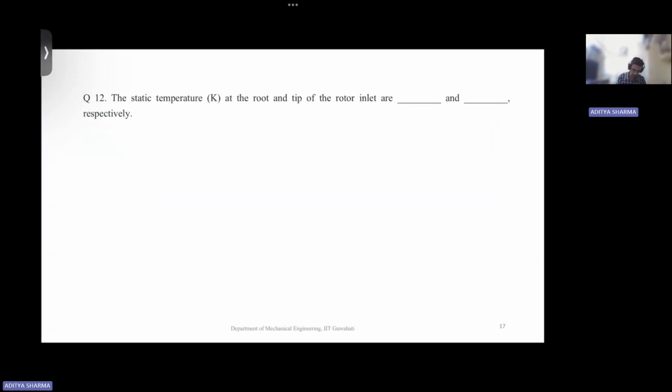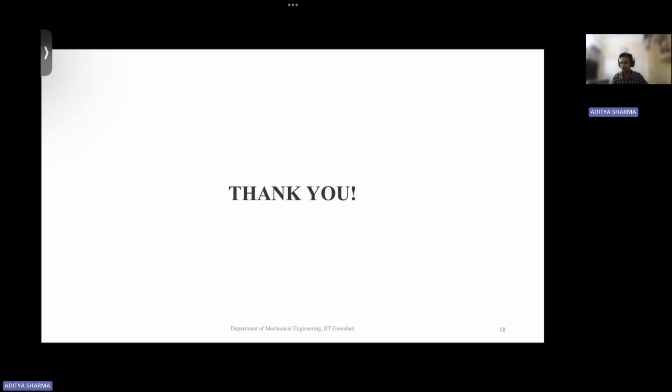So this is it about today's session. We have come to the end of this session and I'll just conclude. This session was on turbines used in jet engines, gas turbine engines or aircraft engines. Two types of turbines basically: one is your axial turbine and the second one is your radial turbine.